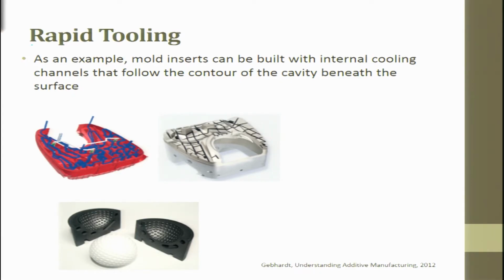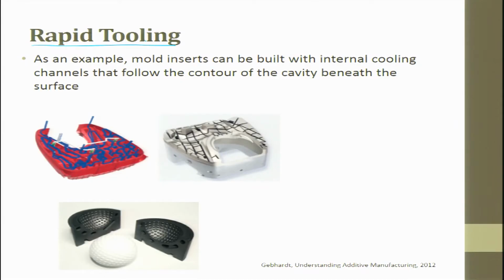So, what we are trying to talk about in rapid tooling is, you are not making the product, you are making the tool for making a product in a rapid fashion. Why? Because you are trying to reduce the product life cycle time. So, this is what is called rapid tooling.